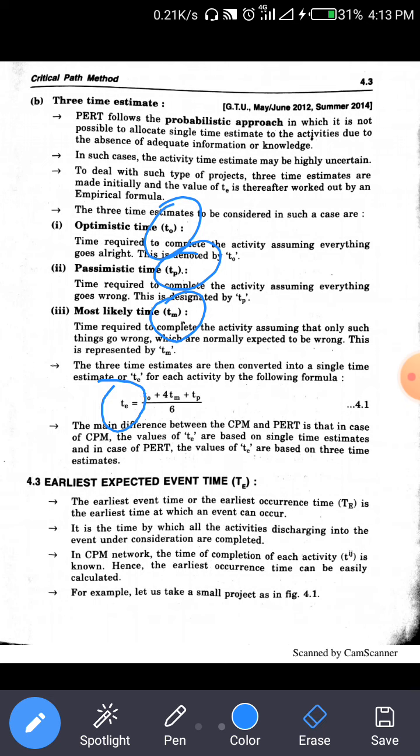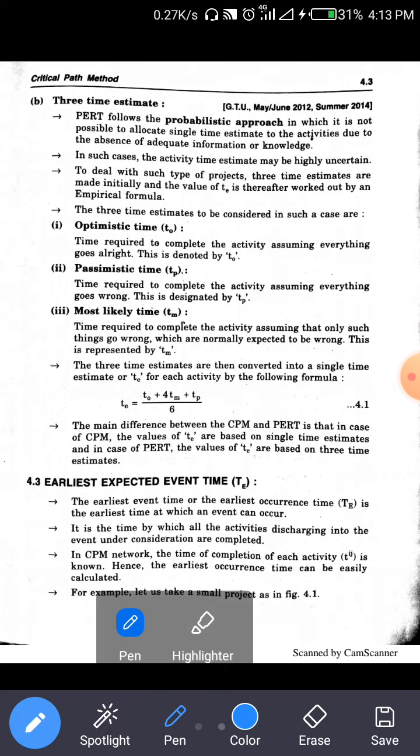Now what is TO? TO is the time required to complete the activity assuming that everything goes all right, and this is denoted by TO, the optimistic time.